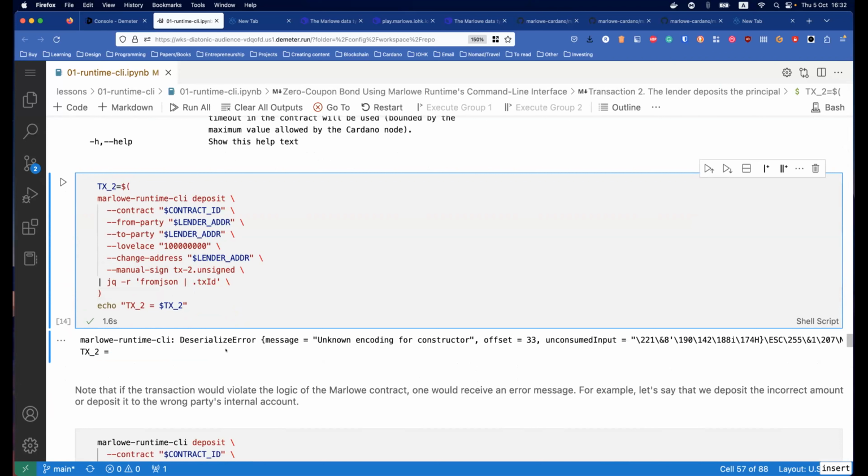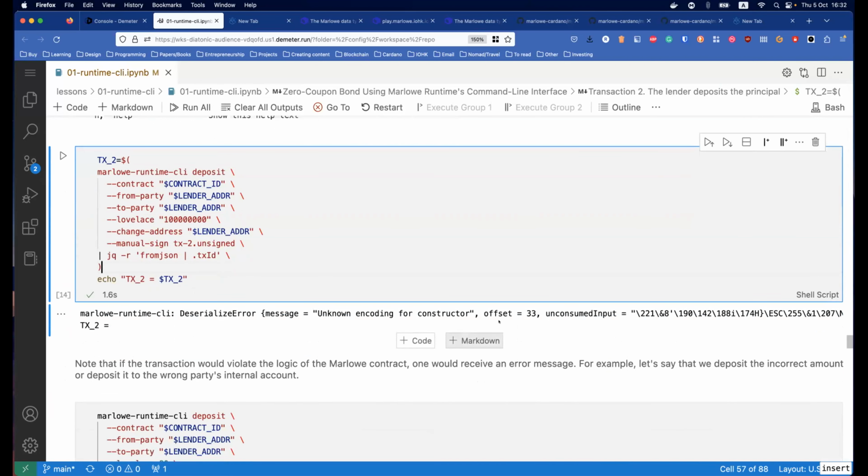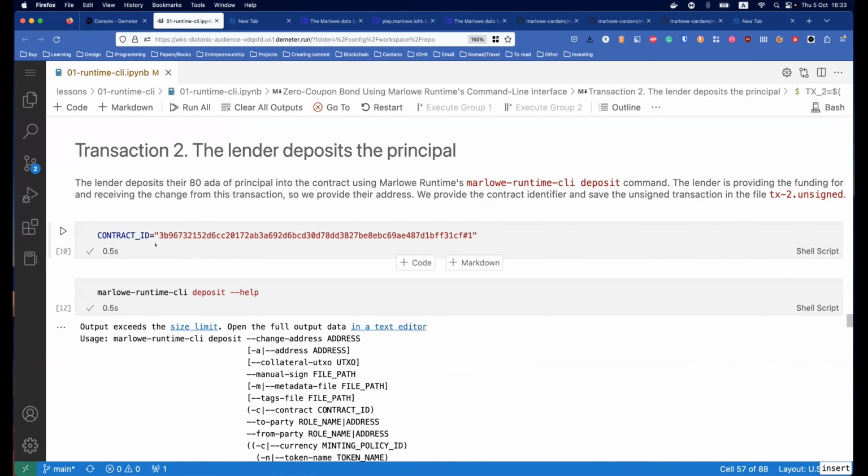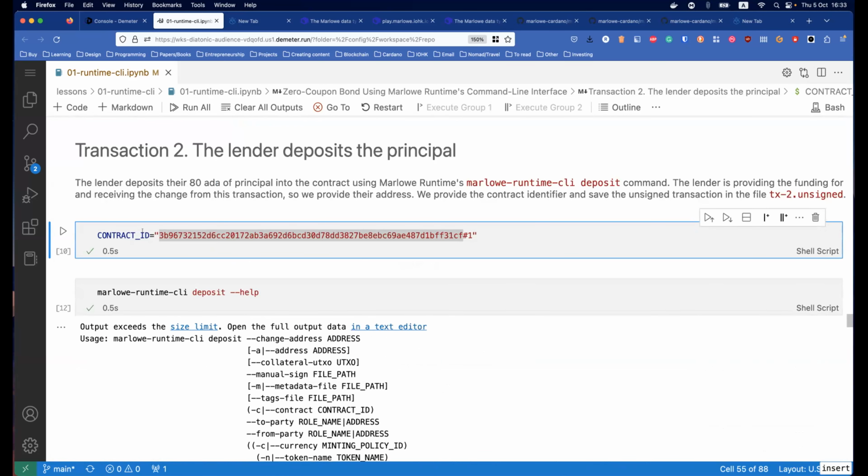Initialize. Is this unconsumed input very long? It's quite long. Huh. Not sure what. Let's see. The contract ID is fine.